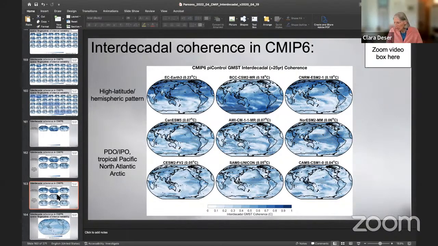I just had a small question, and that was whether you had investigated at all whether there are forced changes in either the magnitude or spatial pattern of the internal variability, by comparing the character of the internal variability in the control runs and in the historical runs.